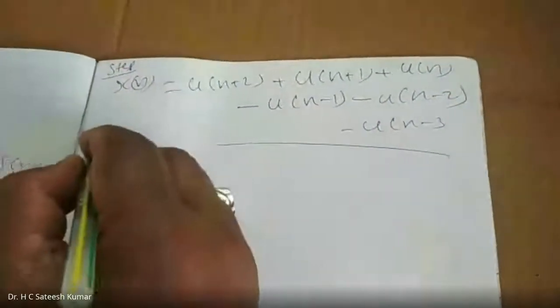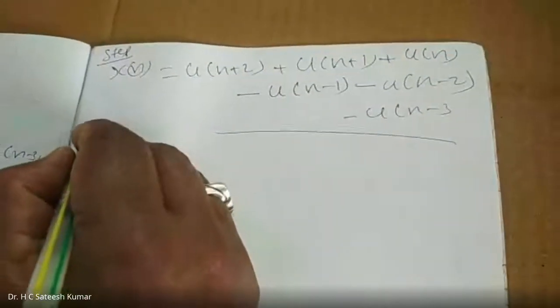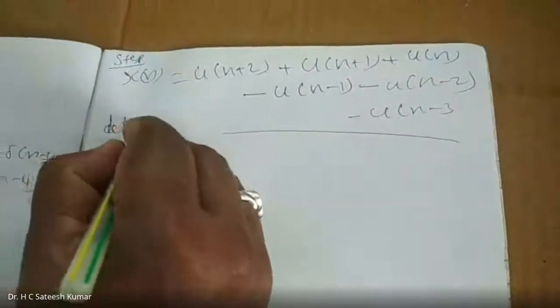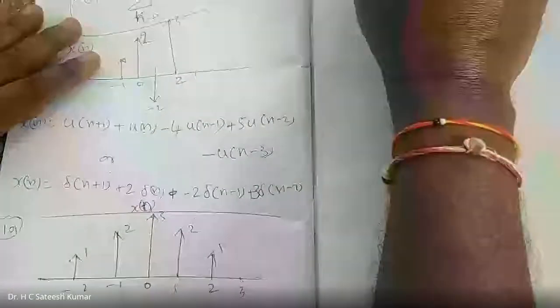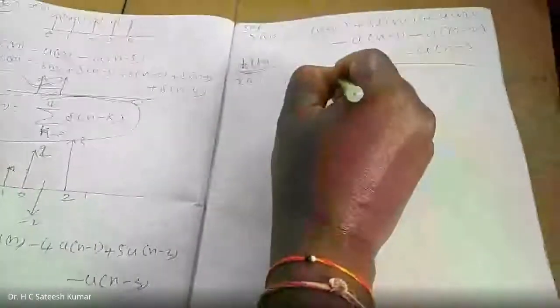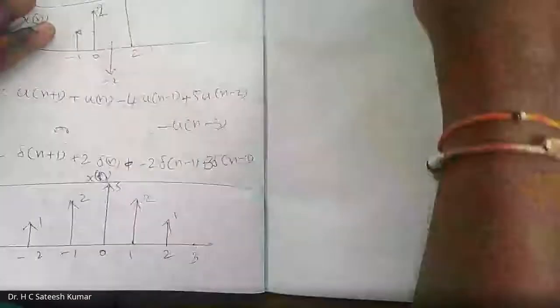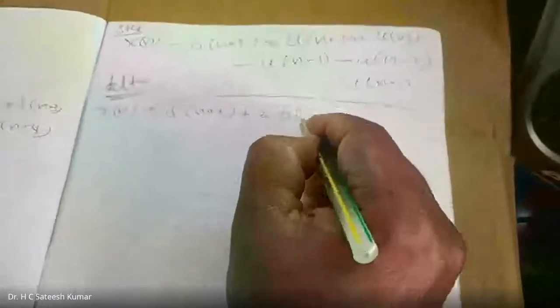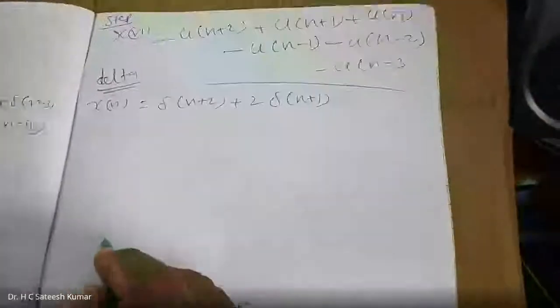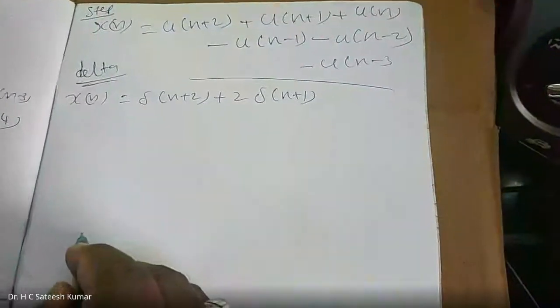Okay. In terms of delta function, we can also do it. That is very easy. At -2, its value is 1. That is nothing but delta of n plus 2. At -1, amplitude is 2, so plus 2 delta of n plus 1. Because the delta function is constrained to only one point.